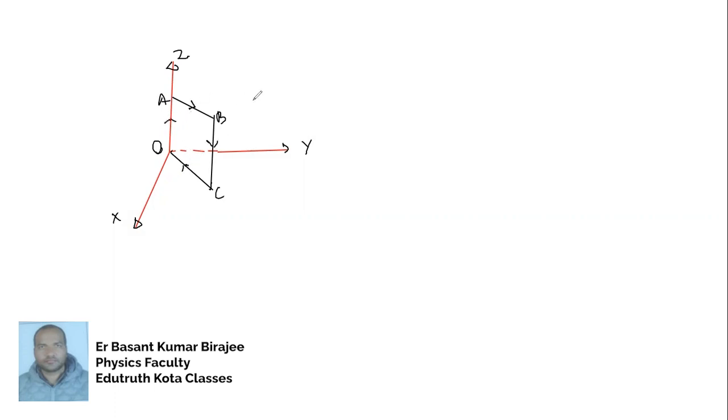Each side is length L, and for the magnetic moment here, we can take the current times BC vector cross CO vector.